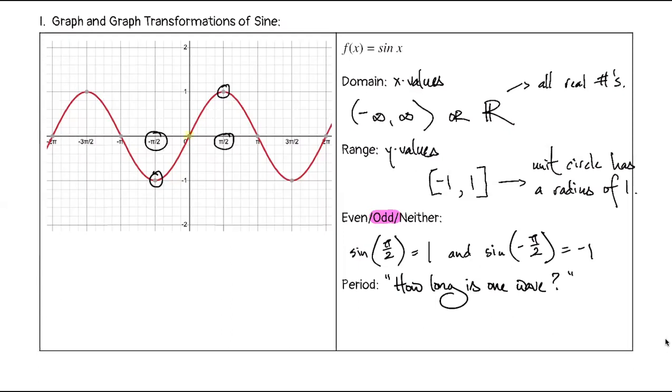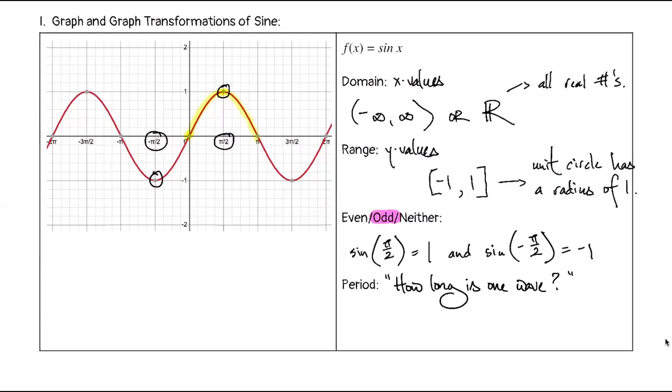So if I start from here and I trace one wave, is this one wave? What do we think? You see a couple no's. Yeah, that's not one wave, right? What about if I just keep going and now I'm back to the x-axis? Is that one wave? No. Okay.